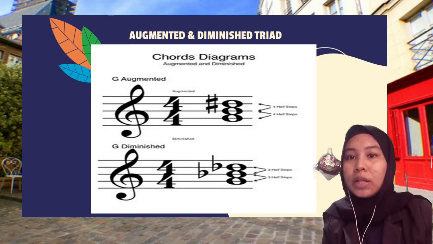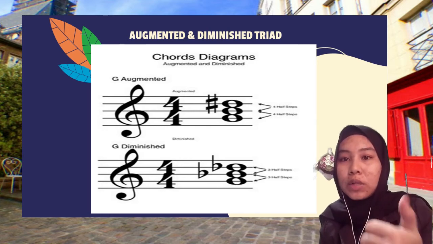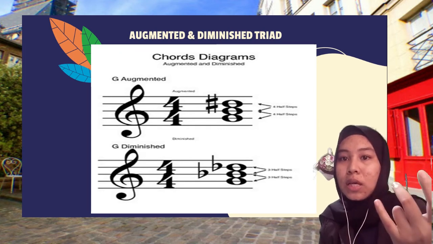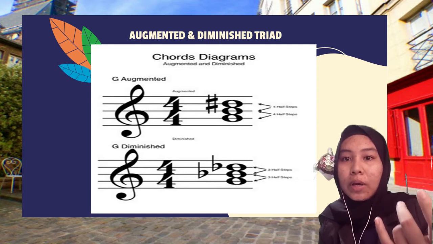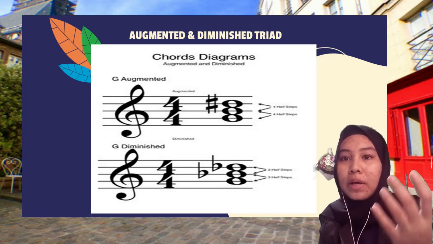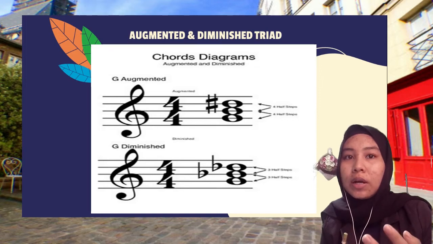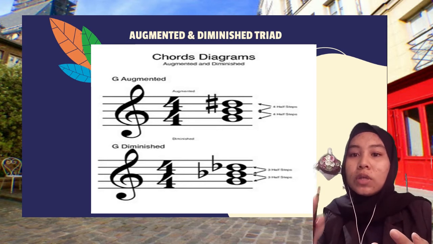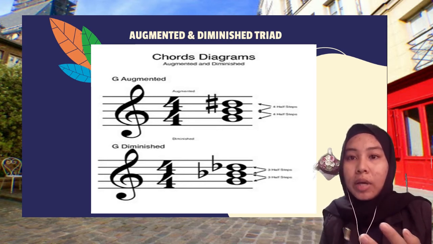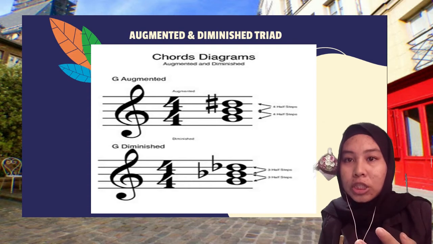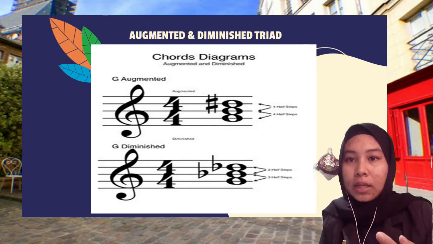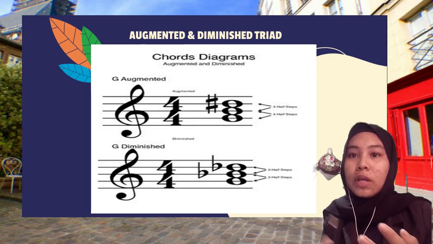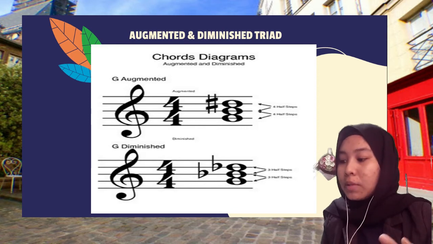For F sharp augmented, you will have F sharp as the root, A sharp as the third, and then C. C will become double sharp because from the major F sharp, A sharp, the fifth was raised, and it becomes augmented, so it becomes C double sharp.